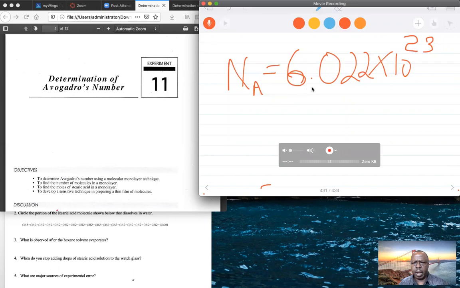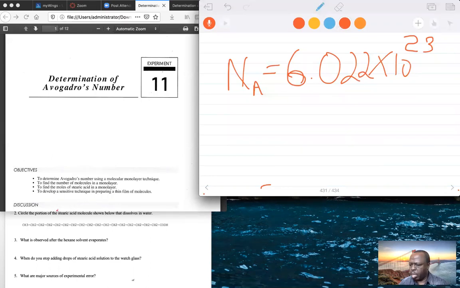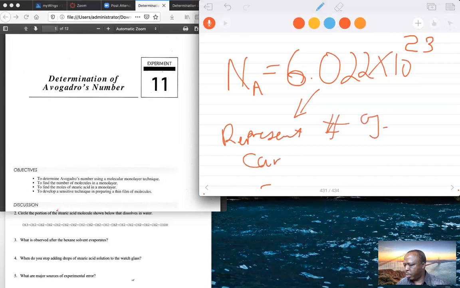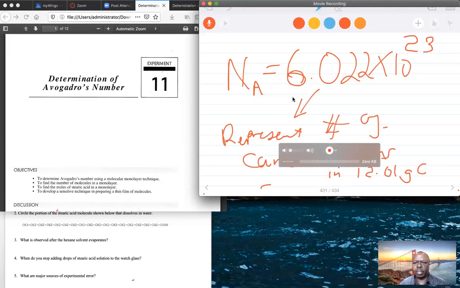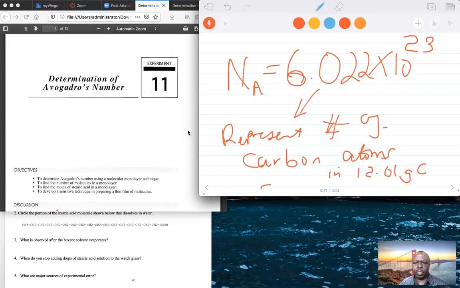This represents the number of things, and it came from the number of carbon atoms in 12.01 grams of carbon. Avogadro worked with different gases and he ended up with this numerical value of the number of carbon atoms in 12.0. We call this Avogadro's number.